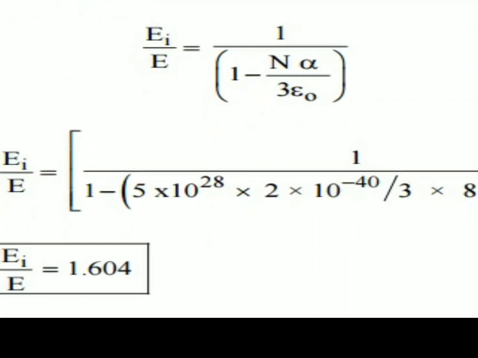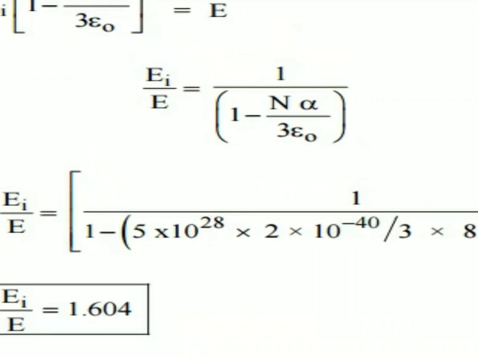By calculating these values, we finally get the ratio between the internal field and the applied field. So EI by capital E is equal to 1.604. So this is the solution of the problem.